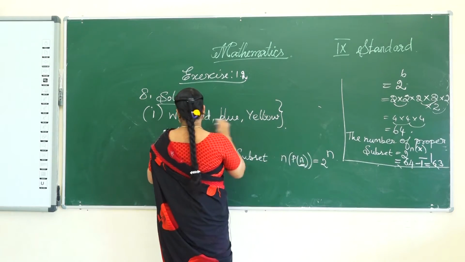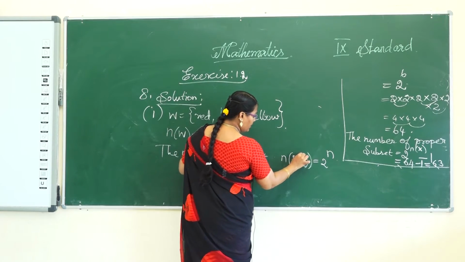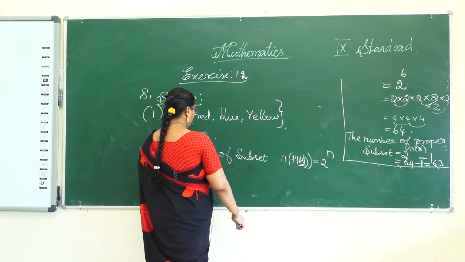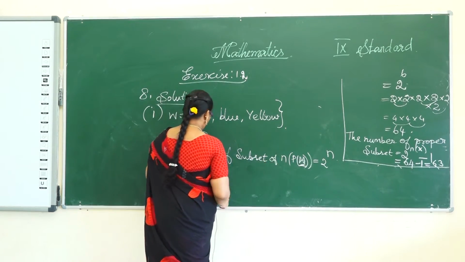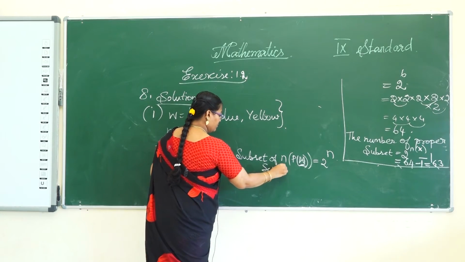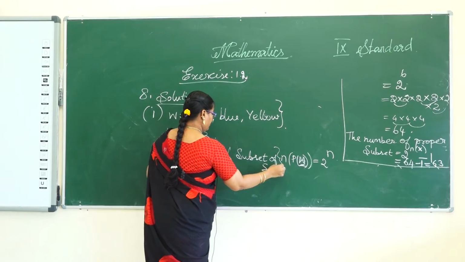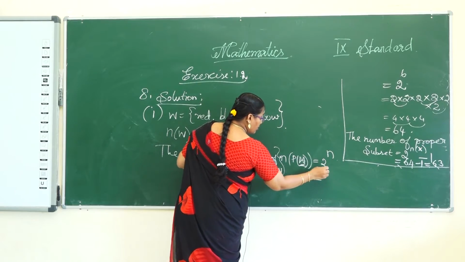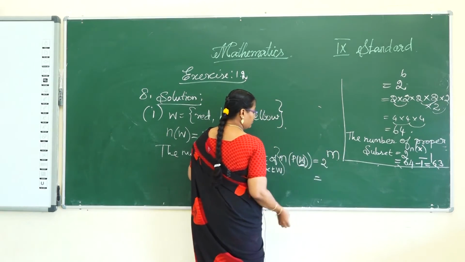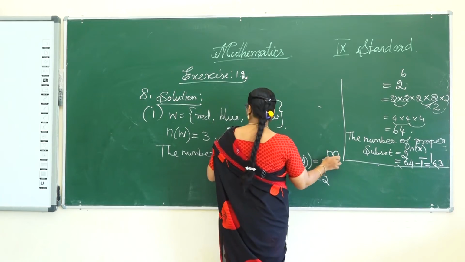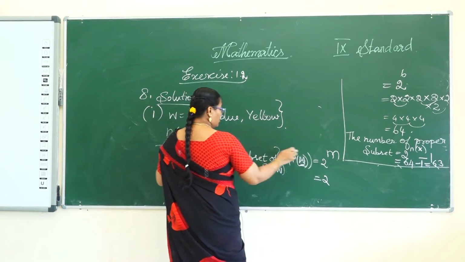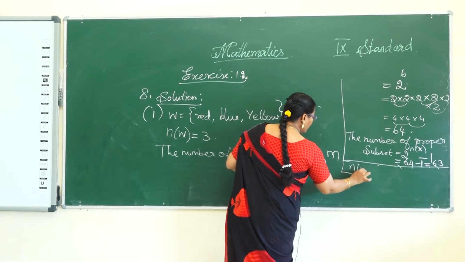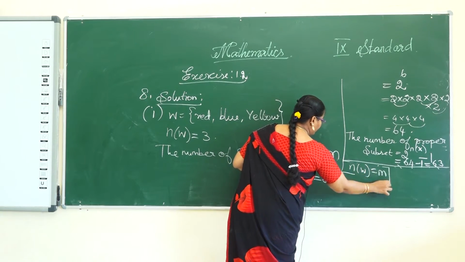Here the set is W. So in this place replace the set with W. And next, 2 power m, what is the value of m? n of W is equal to m.